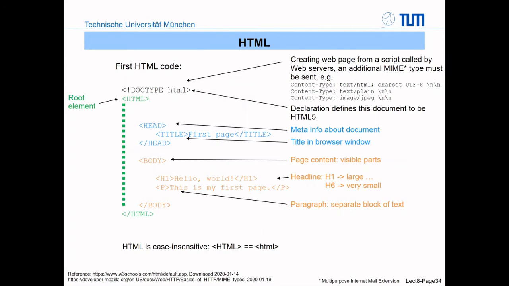And even if you don't define your own style sheets, you will have the standard style, which directly represents H1 in large size and H6 in small size. So even if you don't do anything, you can have a really standardized, nice presentation. And then, for example, P is a paragraph or block part. So it separates blocks of text so that you have different sizes between the blocks and things like that.